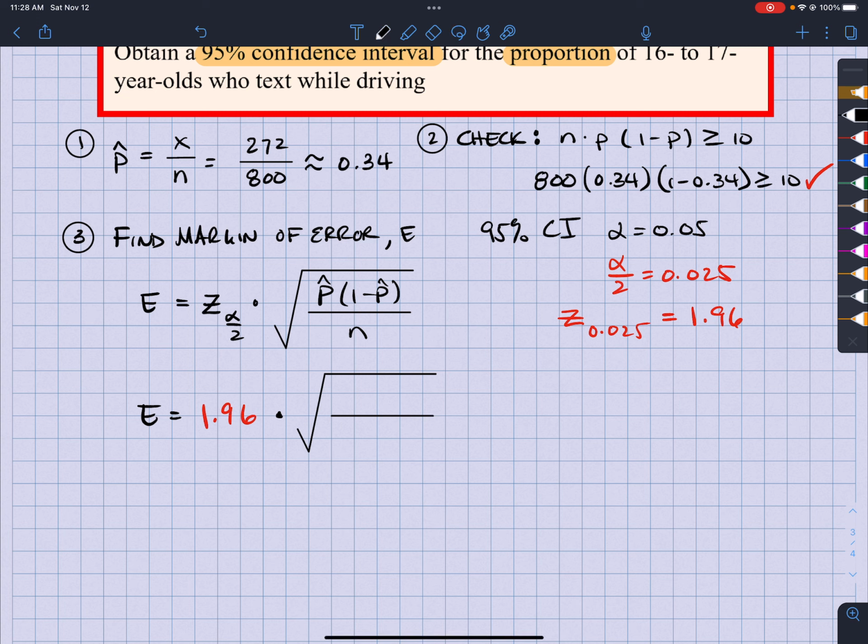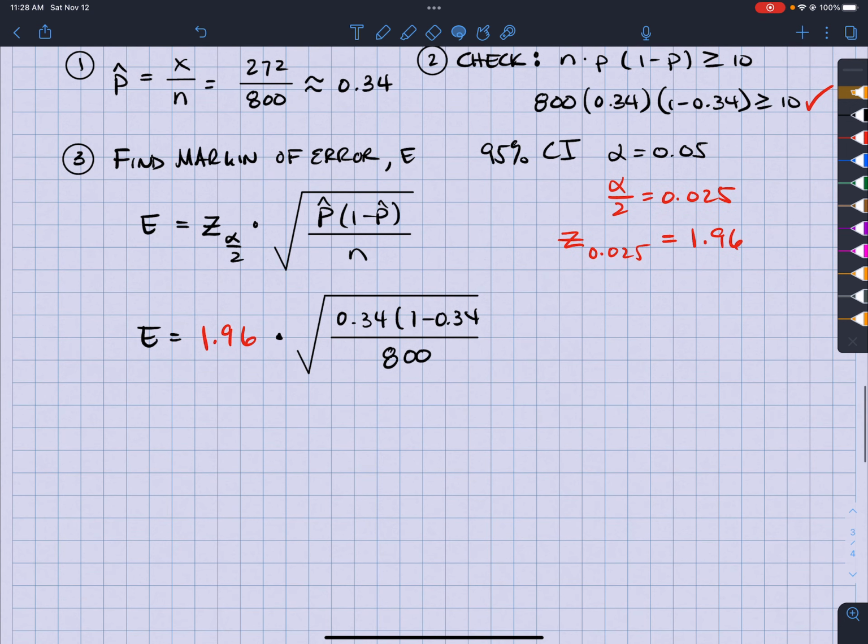So p was 0.34 times 1 minus 0.34 over the 800. Okay. So what you're going to get is approximately 0.033 in this case.